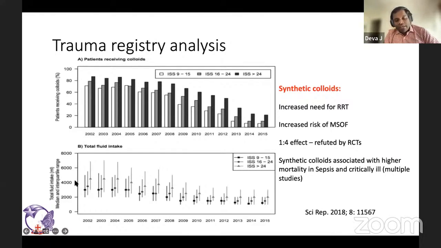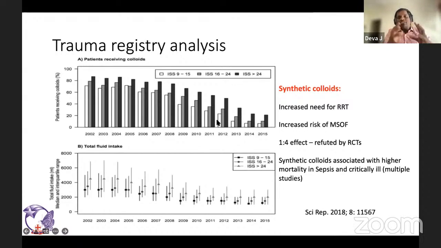It is also very interesting to note that the overall fluid given to trauma victims over that 13-year period has come down as well. In severe trauma, we were using about 4.5 liters in 2002, and now we are using half of that.